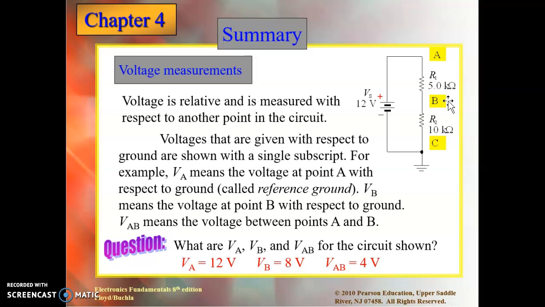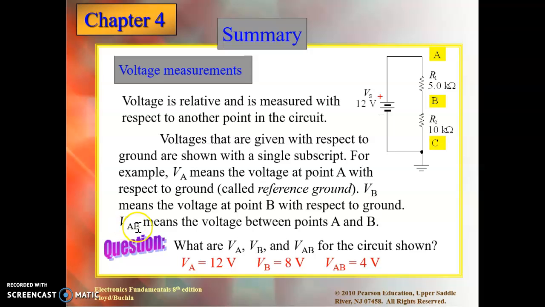So voltages that are given with respect to ground are shown with a single subscript. For example, VA would be right here. It means the voltage at point A with respect to the ground, called reference ground, in this case here. VB right here means the voltage at point B with respect to ground, which is here.